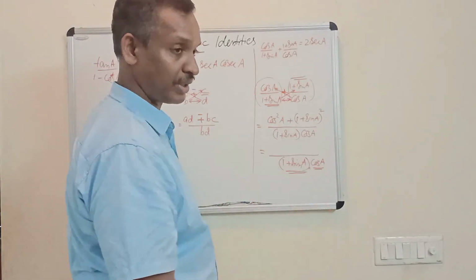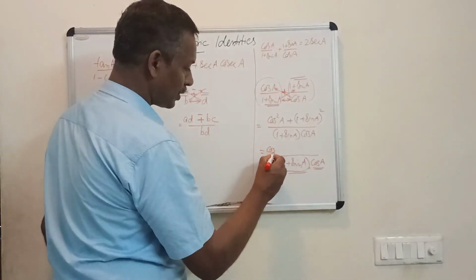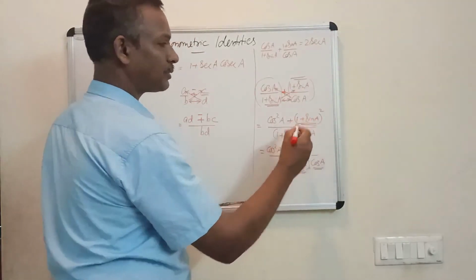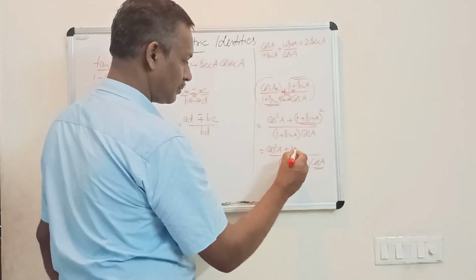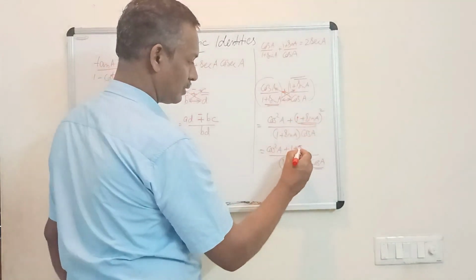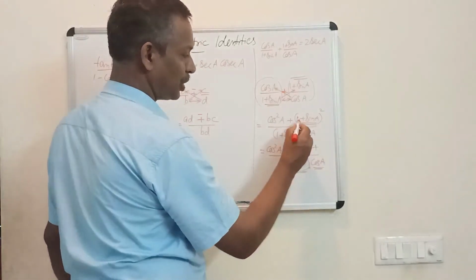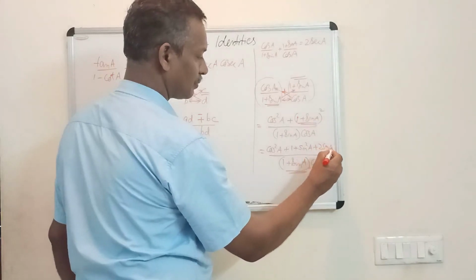So we are anticipating that. Expand only the numerator: cos square a plus, expand it using a plus b the whole square. A square, that is 1 square is 1, plus b square, sin square a, plus 2ab, 2 into 1 into sin a, that is 2 sin a.